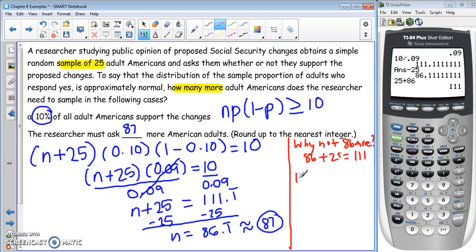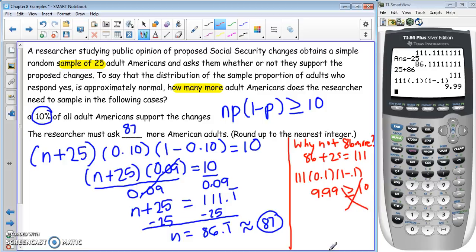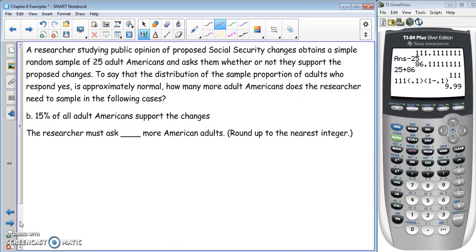So if we do 111 as our sample size times our p, which is 0.1, times 1 minus p, so 111 times 0.1 times (1 minus 0.1), enter, we get 9.99, and that is not greater than or equal to 10. So that's why we round up. Let's look at the next case.